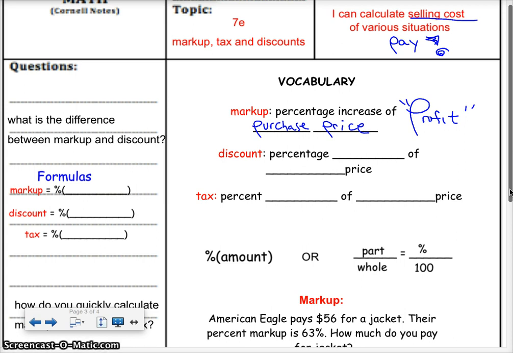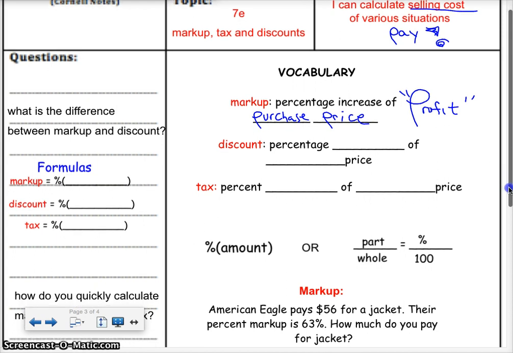Every single business should mark their merchandise up. Now sometimes they have discounts, which is awesome, but don't expect to pay what a merchant pays. You need to pay a little bit more, okay?